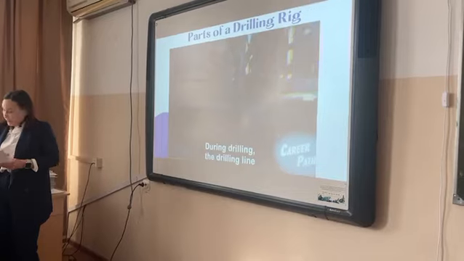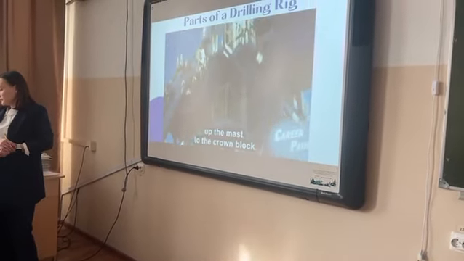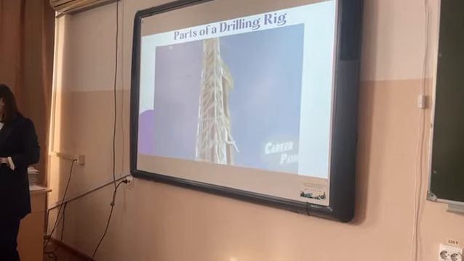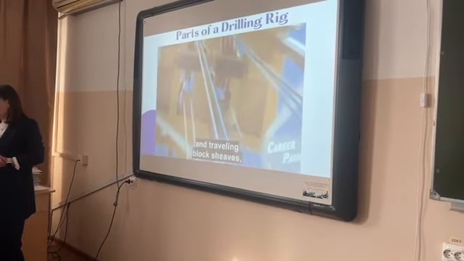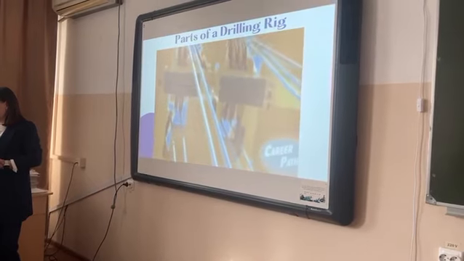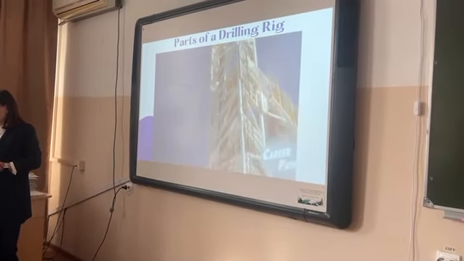During drilling, the drilling line is run from the supply reel up the mast to the crown block. The line is looped several times between the crown block and traveling block sheaves and is then lowered to the drawworks.